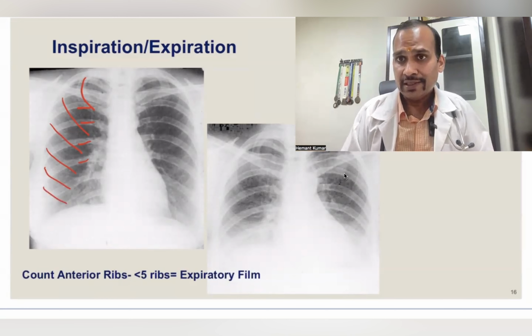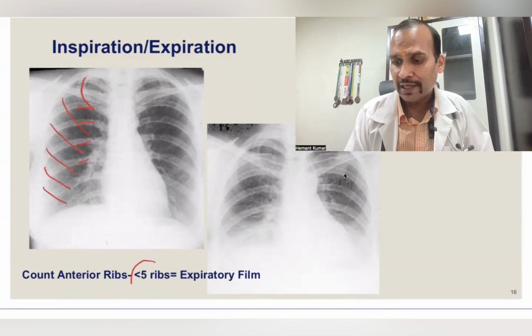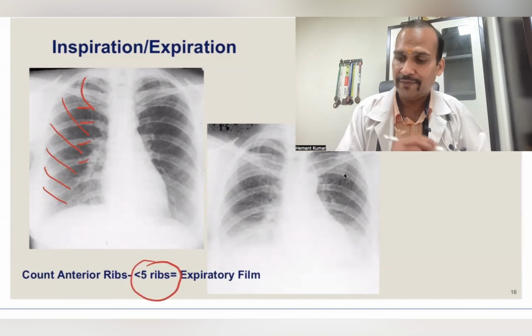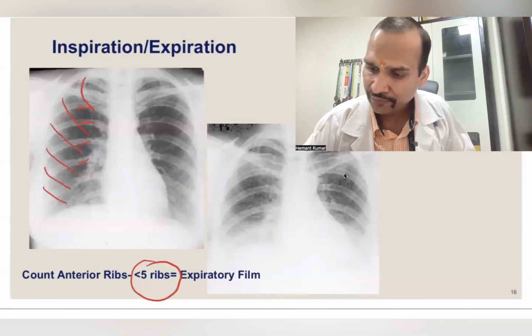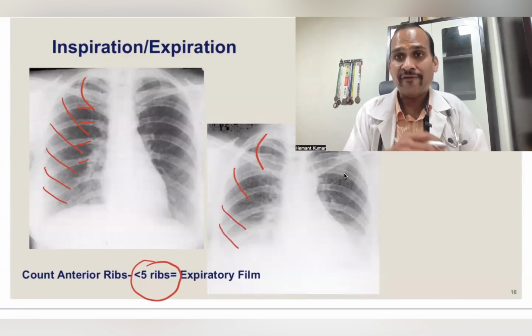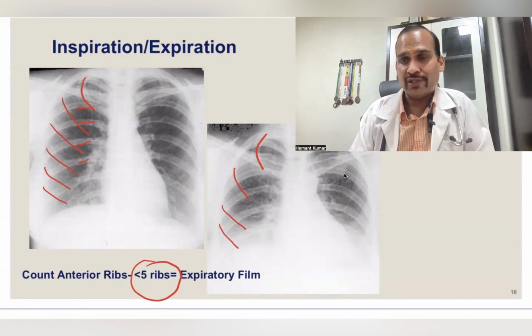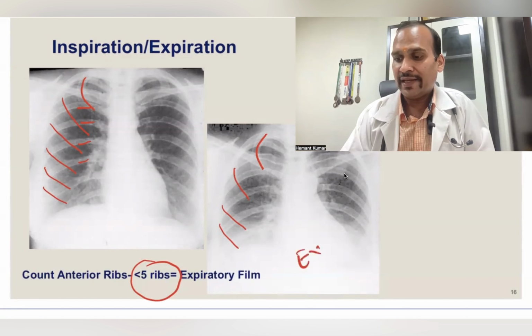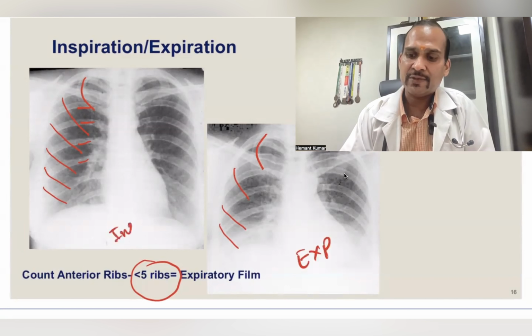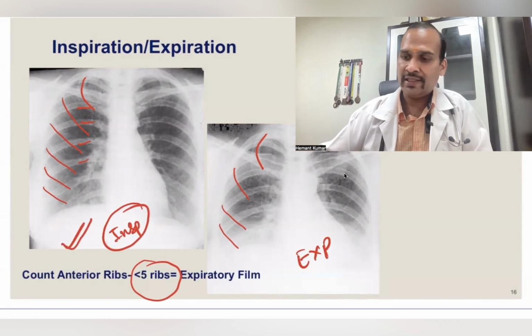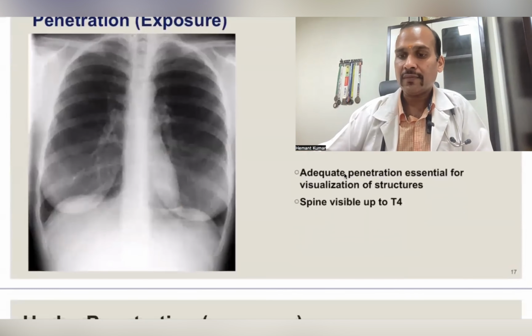So whenever there are less than 5 ribs anteriorly, it's an expiratory film. See, this we can count 1, 2, 3, 4. After 4, the anterior rib is not visible. So this film is an expiratory film, and this is an inspiratory film. So we have to give inspiratory. Is it clear? I hope it is clear.